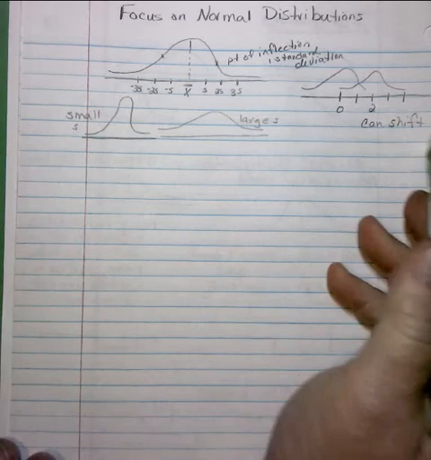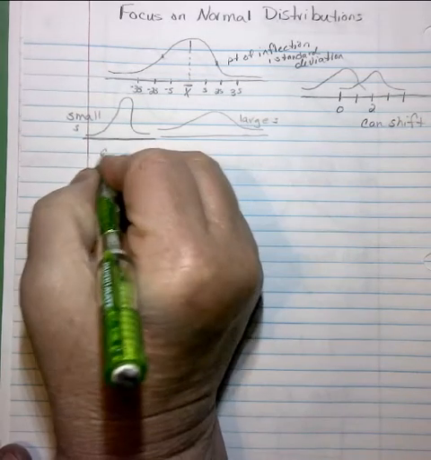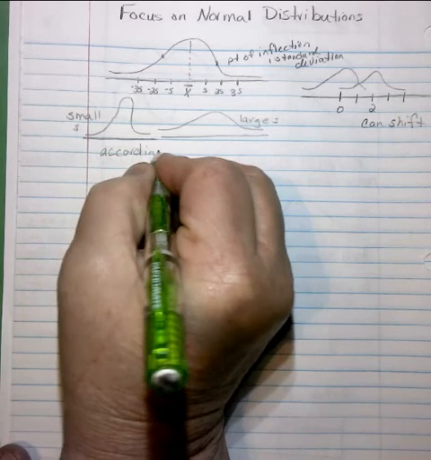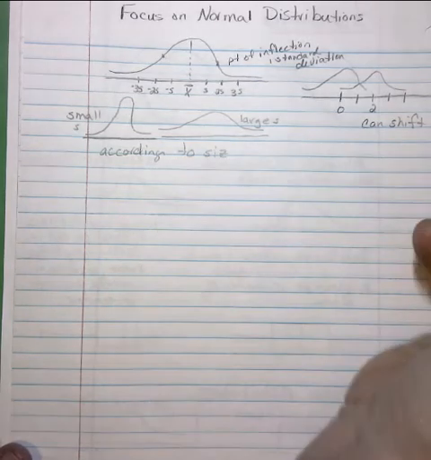So the graph changes according to the size of the standard deviation, and it shifts according to the value of the mean.